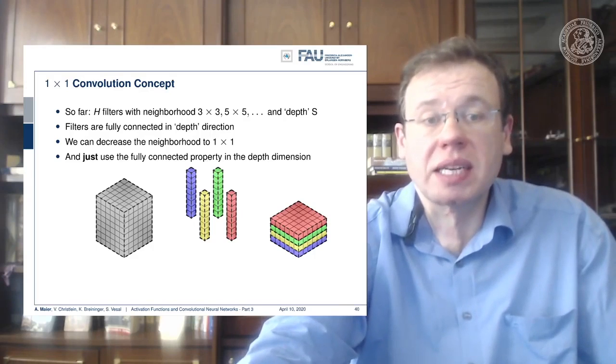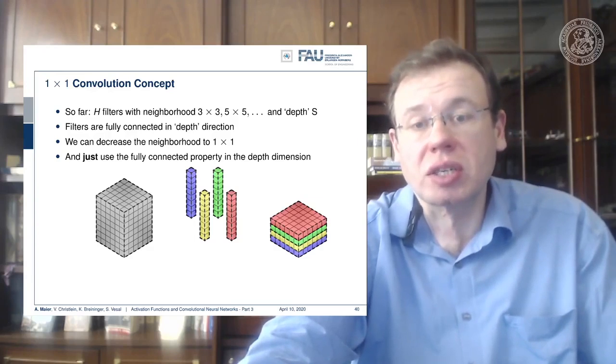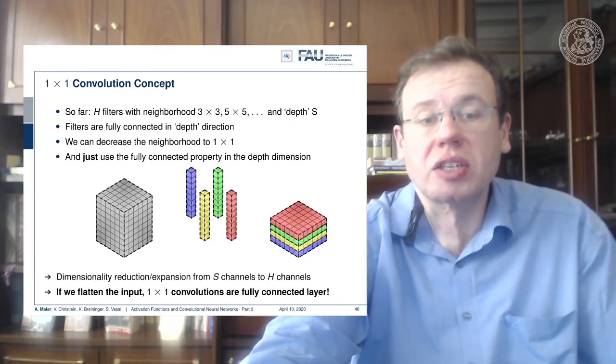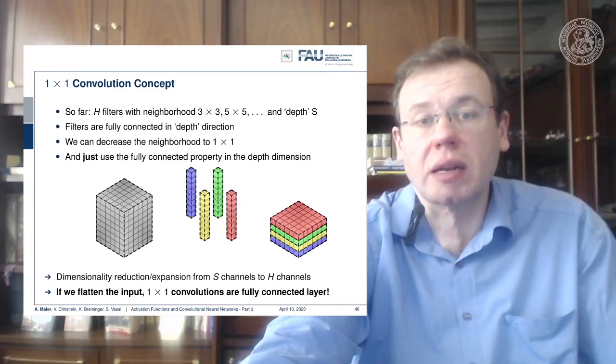So you simply have a fully connected layer over this single dimension, and you can then put an arbitrary input, and all what it does is it computes a reduced number of feature maps in the direction of the channels, because there we have the full connection. So essentially we can now do a channel compression with 1-by-1 convolutions.